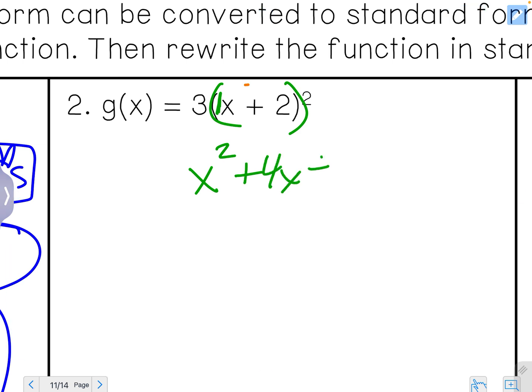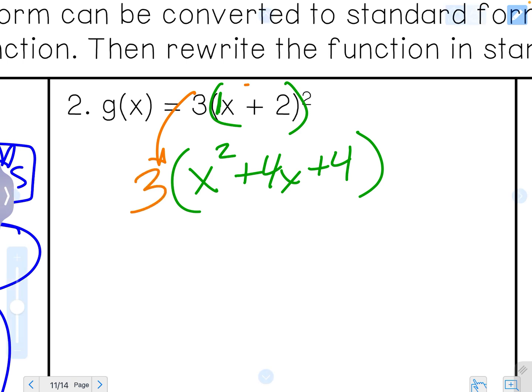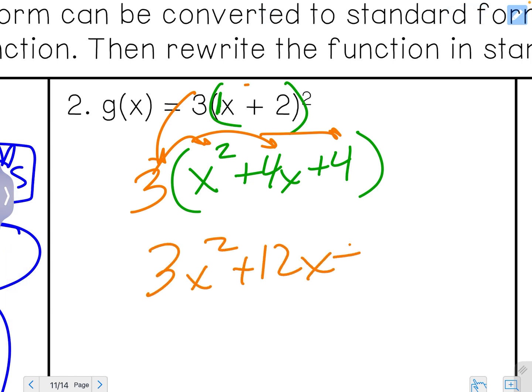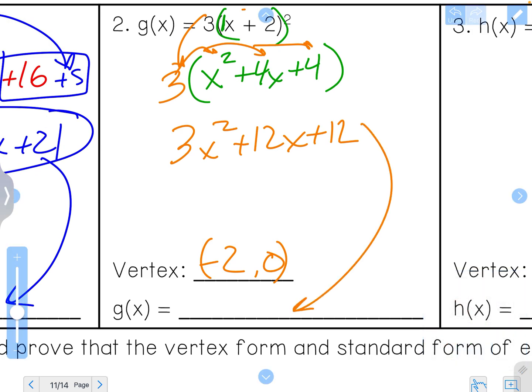And then I'm going to square the second term, plus 4. I'm going to leave it in its parentheses, and then I'm going to bring down the 3. So now that we've got that number next to a parentheses, we simply distribute. And so we get 3x squared plus 12x plus 12 as our function.